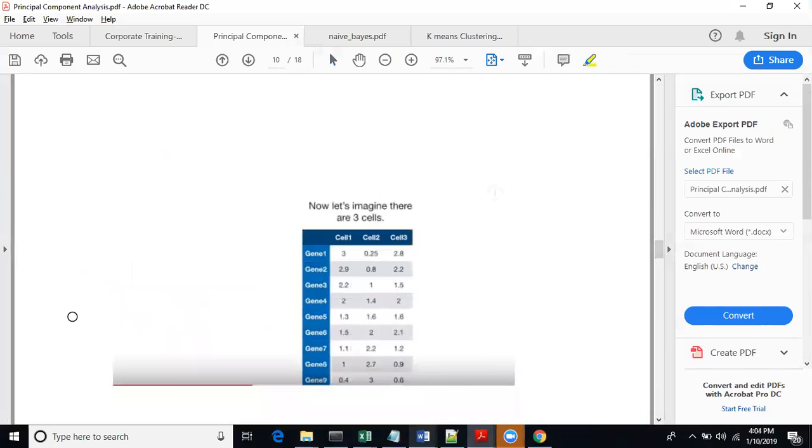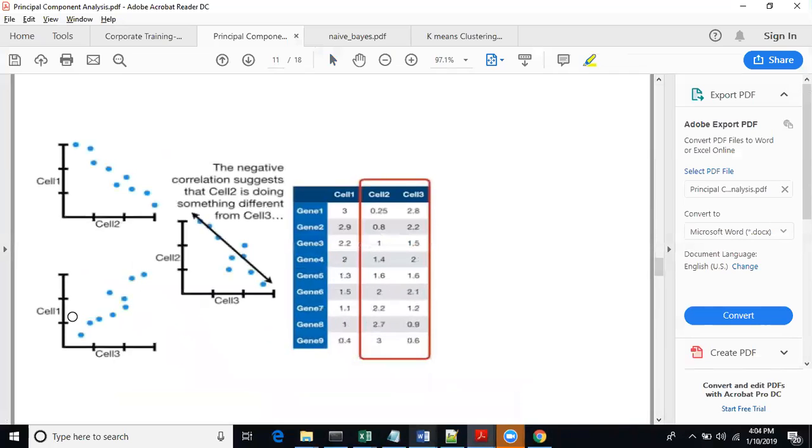If there are 3 cells or 3 columns, the work happens like this. Cell 1 and cell 2 comparison will start, then cell 2 and cell 3, and cell 1 and cell 3. To find out the relationship between each and every column, this much work happens.